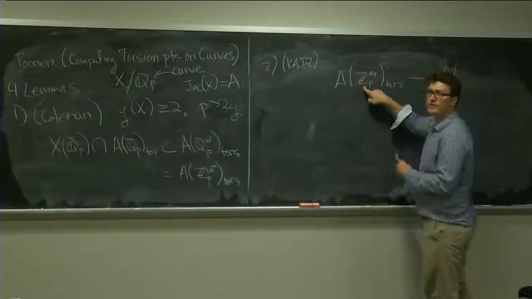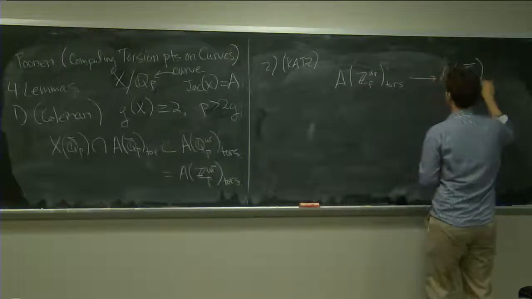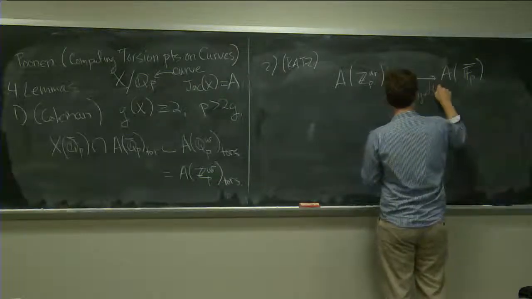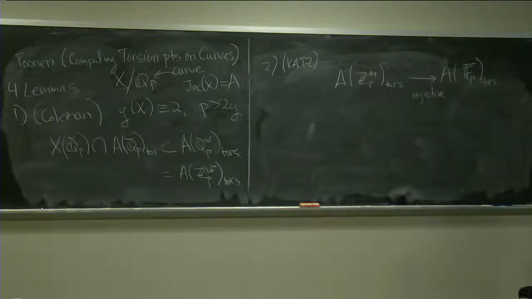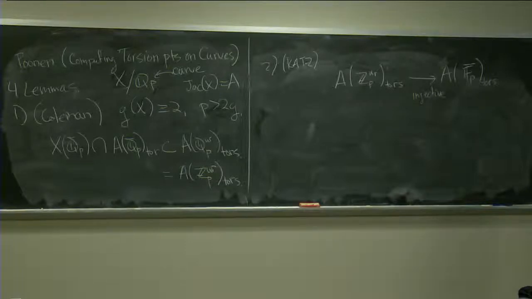So the residue field of this is Fp bar. And this map is injective. That's not the reduction map. It's the reduction map followed by a base field extension. I agree it's injective, but it's not just simply a reduction map.